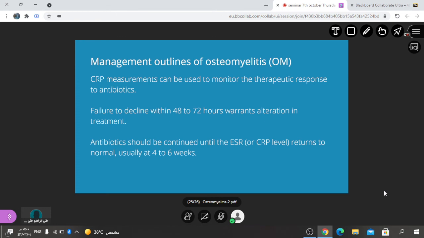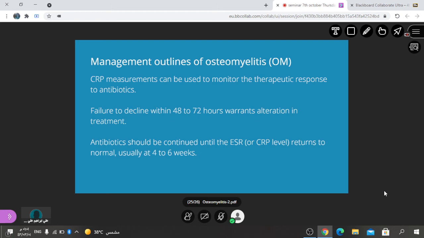In follow-up of our treatment, we could use CRP, C-reactive protein, to measure any improvement. A decline in C-reactive protein may be helpful in follow-up of osteomyelitis treatment. If there is failure of decline in 3 days, this will prompt us to change the treatment, for any reason, although maybe the results are false, or the organism is resistant to the antibiotic choice.